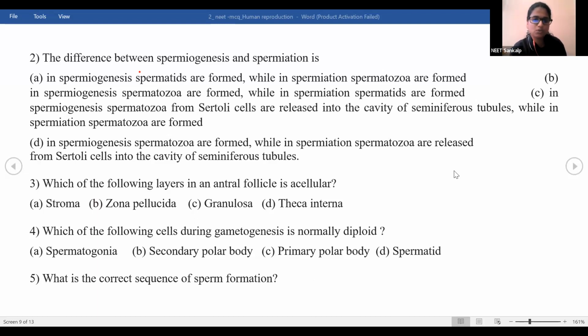Eight students are here. Anvita, Nagalambika, Shri Suresh, Nagini, what is your response? Option C is the right answer.